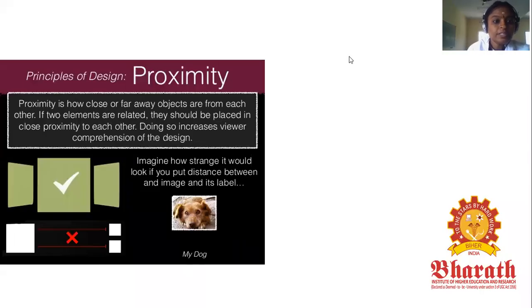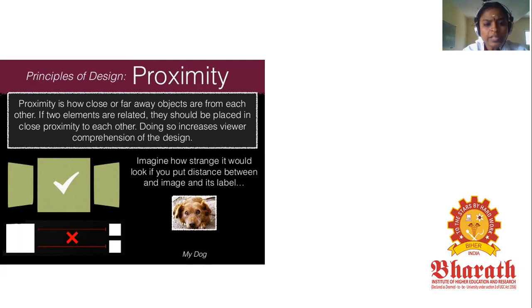What is proximity? Proximity is how close or far objects are from each other. If two elements are related, they should be placed in close proximity to each other. Doing so increases viewer comprehension of the design.